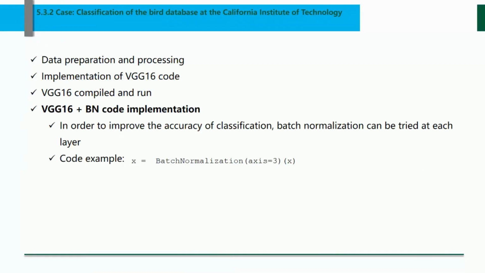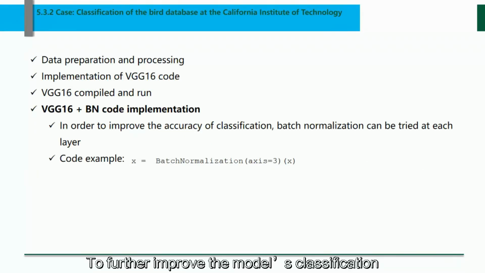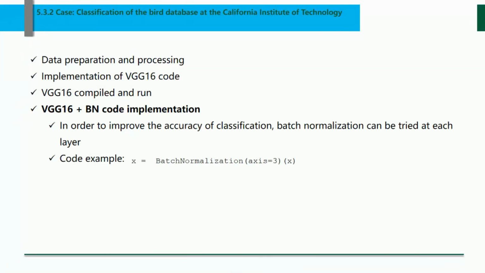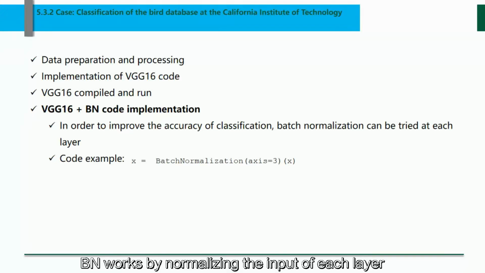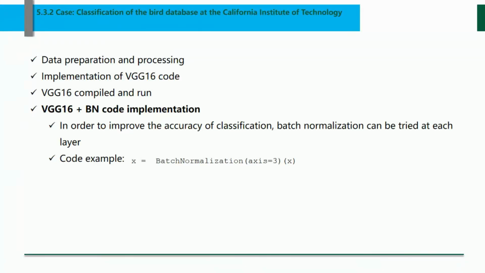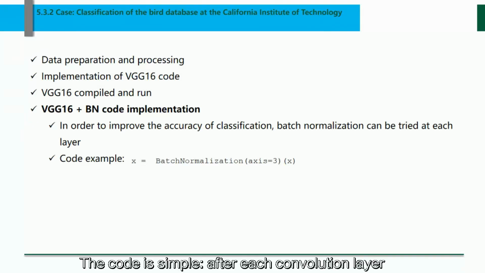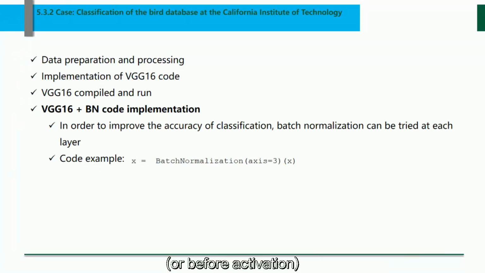To further improve the model's classification accuracy, we can add batch normalization, BN, to each convolution layer. BN works by normalizing the input of each layer, which speeds up training and reduces overfitting. The code is simple. After each convolution layer, or before activation, add x equals BatchNormalization(axis=3)(x).